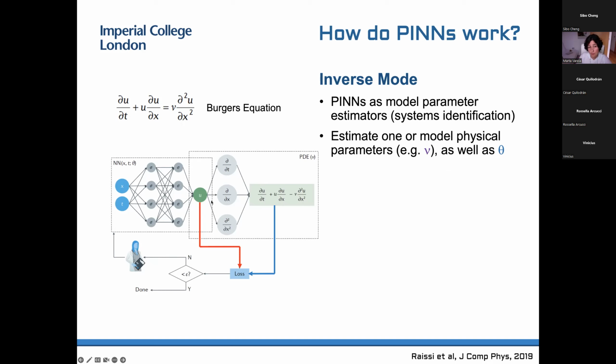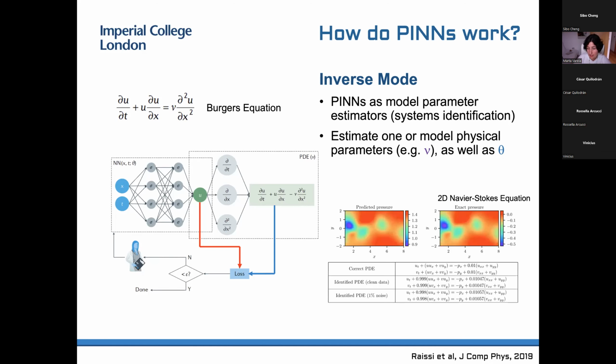It would optimize the weights and the biases of the networks and the withdrawn parameters for the equation at the same time. So it will provide you with a means of estimating unknown parameters such that you obey the equation and you're in best agreement with the data as you can.